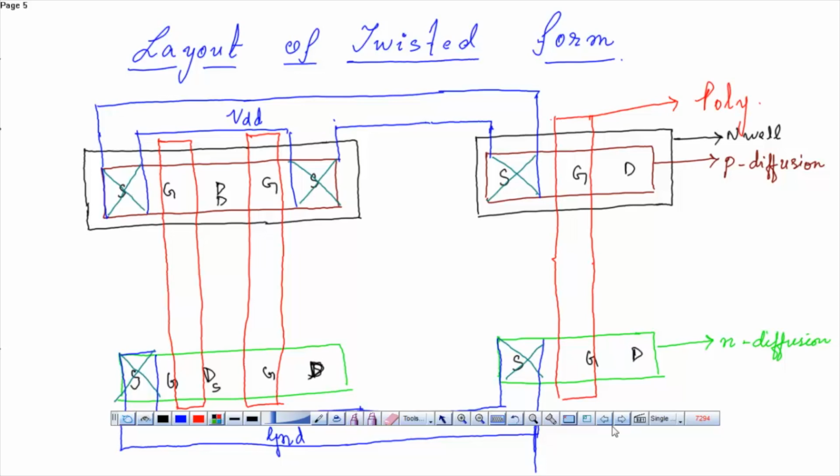Now let's name it, this is input A and this is input B. This is the input of the inverter. Now we have to place the output of the NAND part. So the output of the NAND part is placed with metal layer.